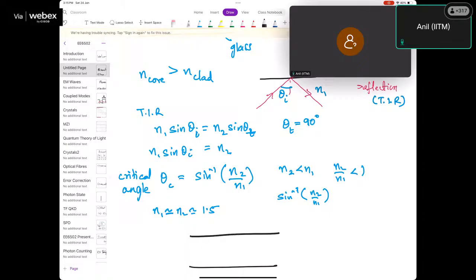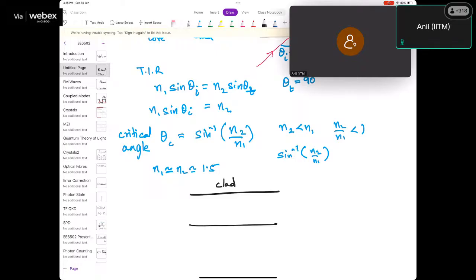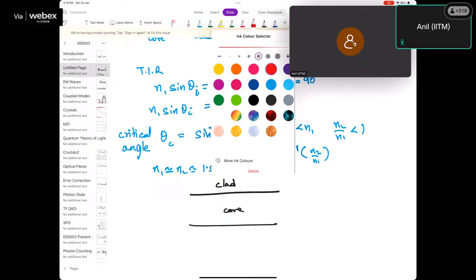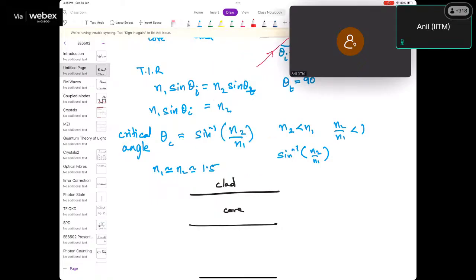So what we are aiming to do in a fiber is basically launch light. So now this is my fiber, this is just the core. I'll say the cladding is up here. This is all the core. And what I'm aiming to do is launch light such that it goes here, bounces back, goes here, bounces back, and so on.